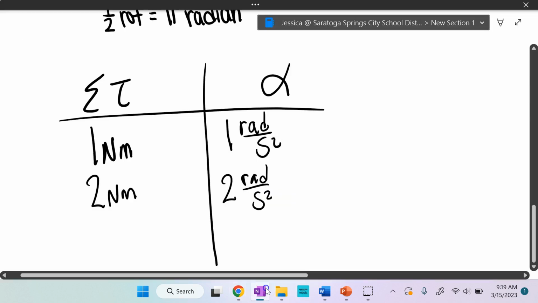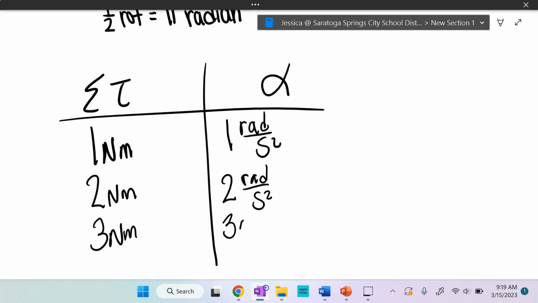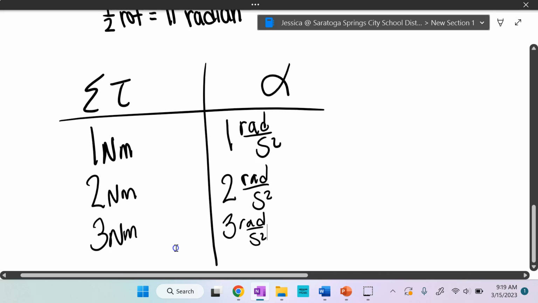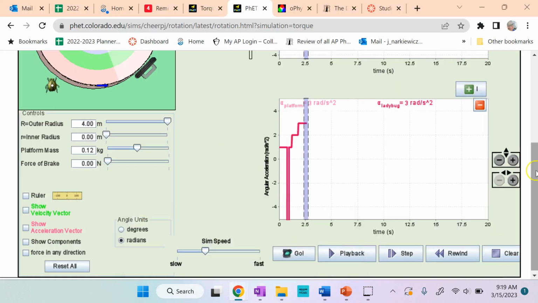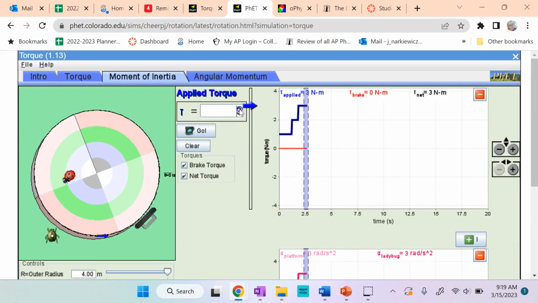We could keep doing this pattern where we're doubling, tripling, or quadrupling the net torque. Oh, I didn't triple it, I just made it 3. All right, now I'll triple it. I'll make this 9. That was silly of me. All right, 9.